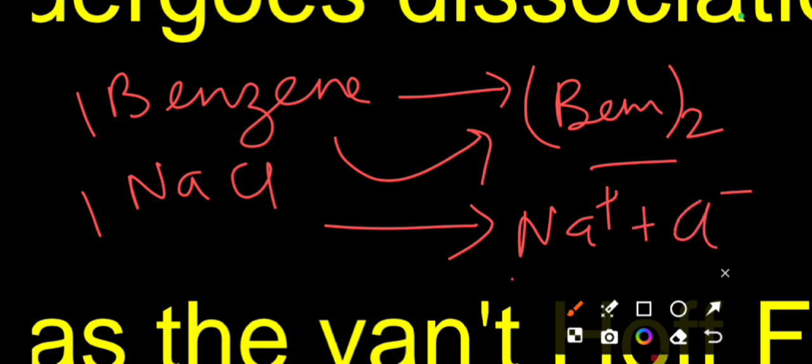So you can see how many moles of sodium ions we have got, 1, and chloride 1. Total it is equal to 2. So experimentally we have got a different value after dissociation as well as after association. So this gives the abnormal molar mass.